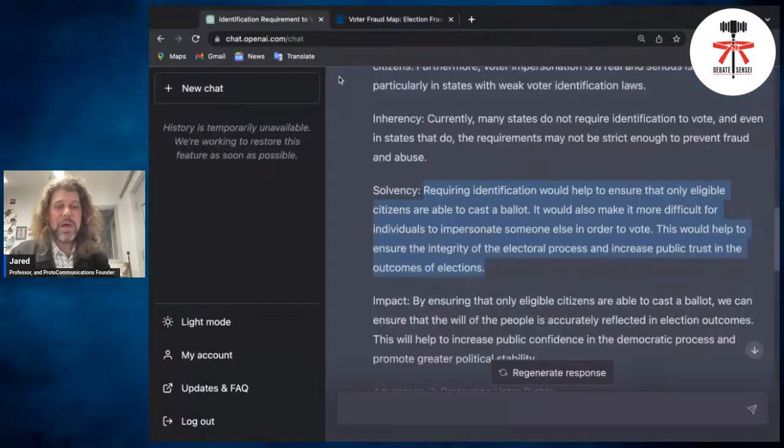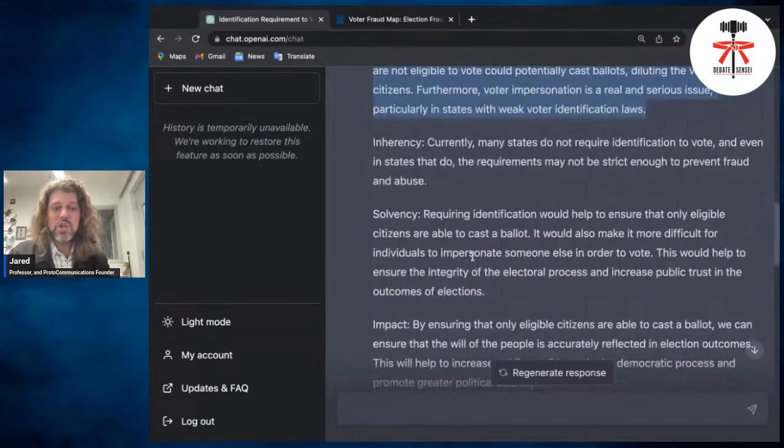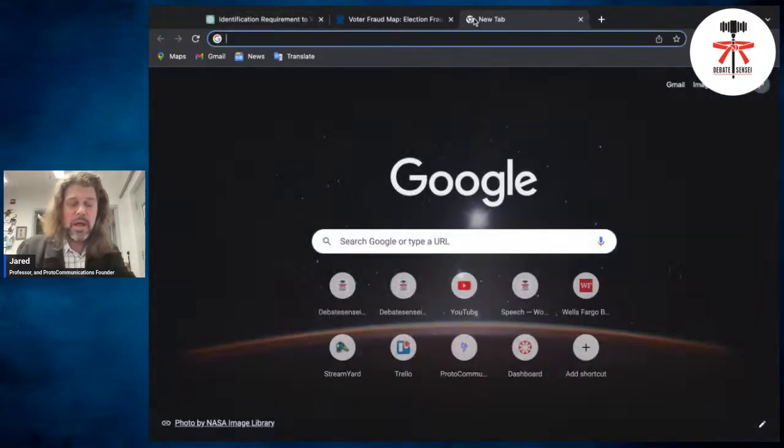So not only do you have a very small number of harms, but you don't even solve 100% of that. So now you're talking about even less solvency. So if you start talking about numbers of actual fraud that this is going to prevent, you're walking into a weakness. All right, I would say that this is more about attitude that people have.